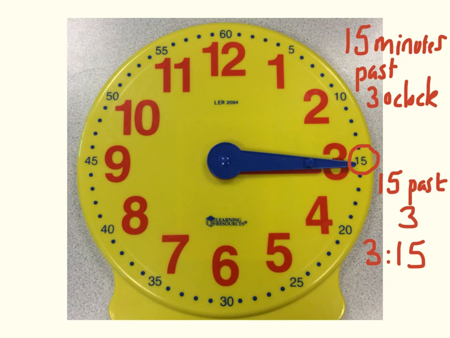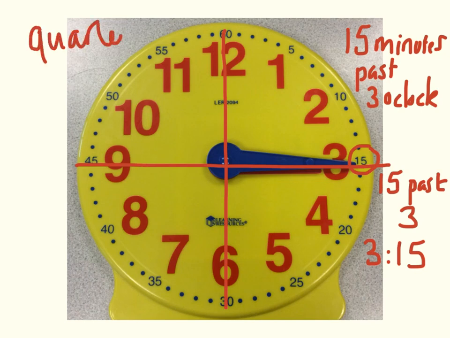We can also, because a clock can be cut into quarters, say that this is 1/4 past 3. So it has gone 1/4 of an hour past 3 o'clock.